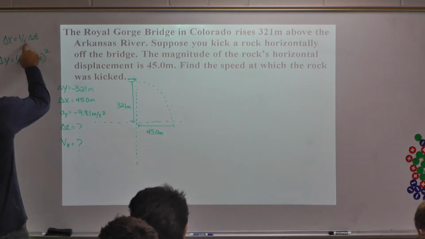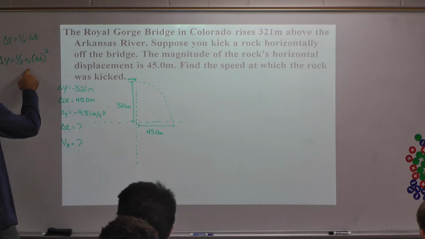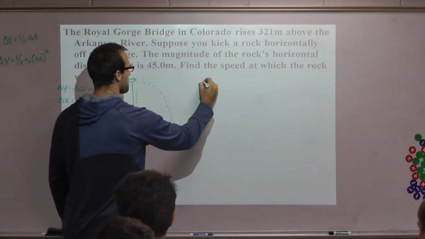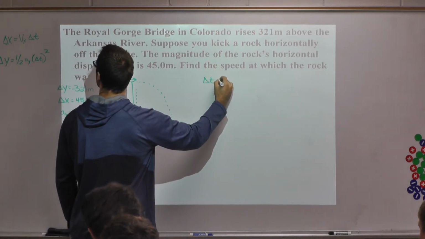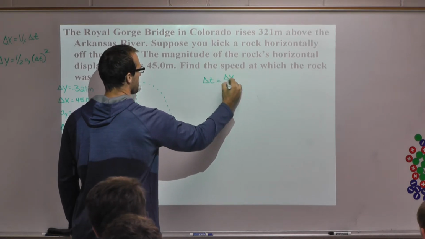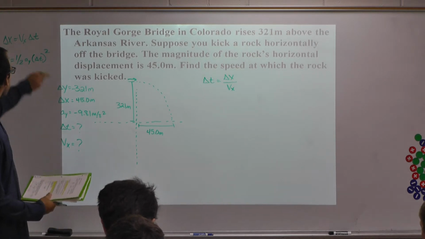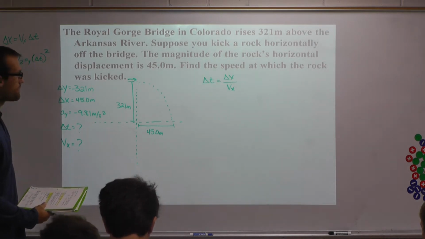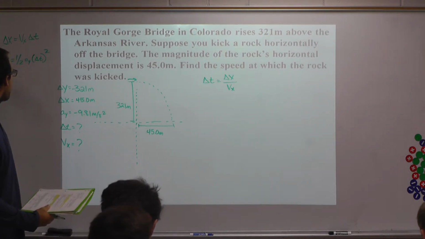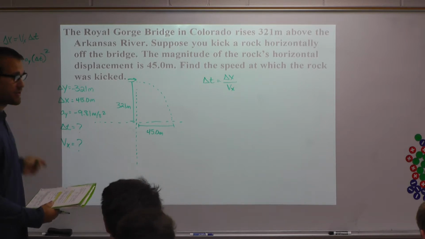So I need to take both of these and solve for time. This one's easy. Take and divide by Vx. This one, dividing by a half is the same as multiplying by 2.